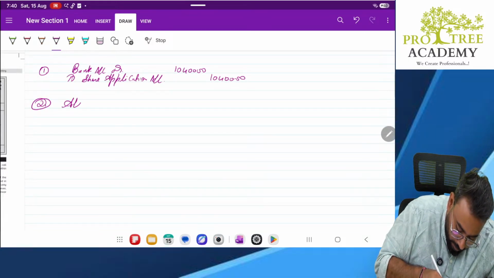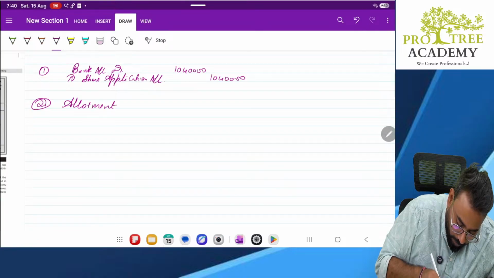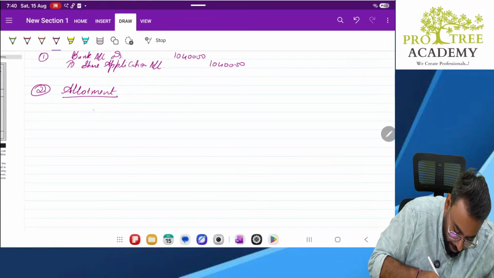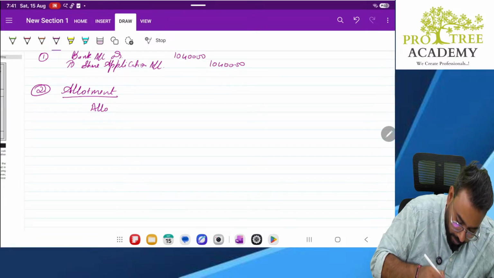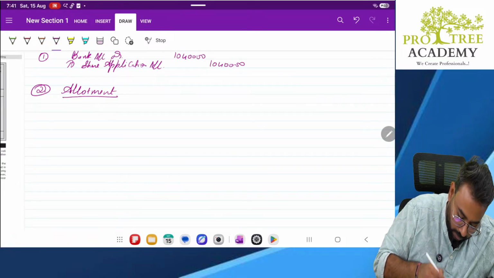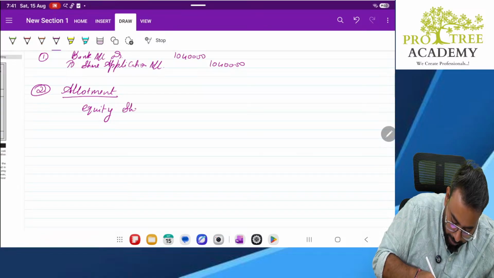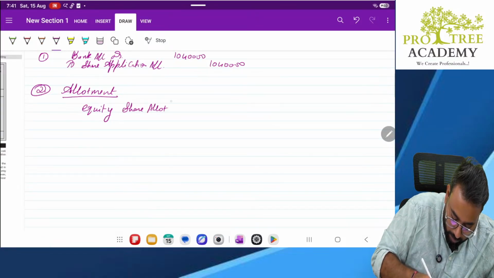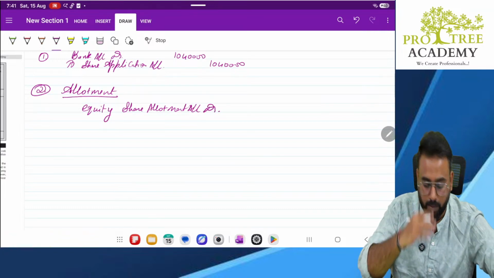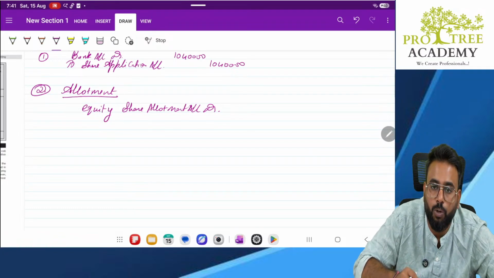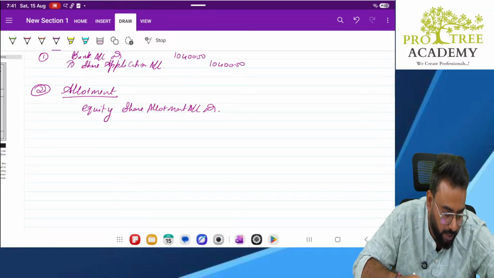Allotment. What is the entry on allotment, sir? Equity share allotment account debit. How much you have allotted actually? Only 1 lakh shares. 1 lakh shares into how much was the application money?